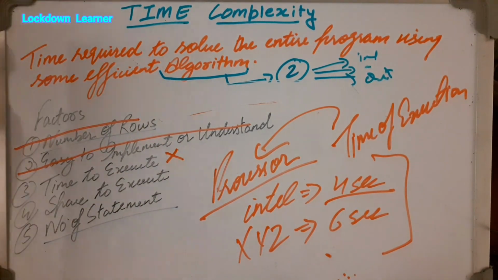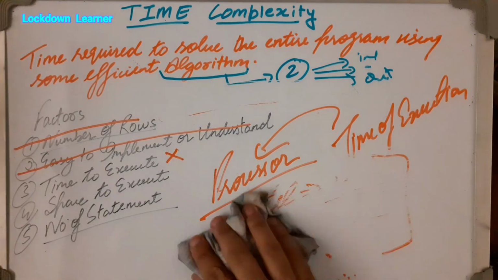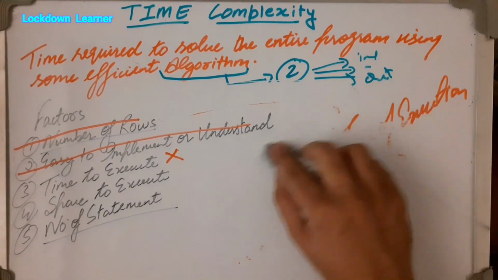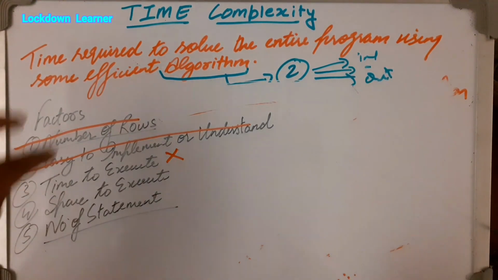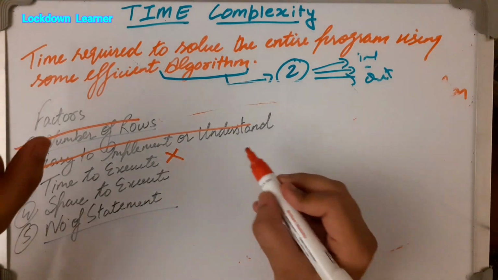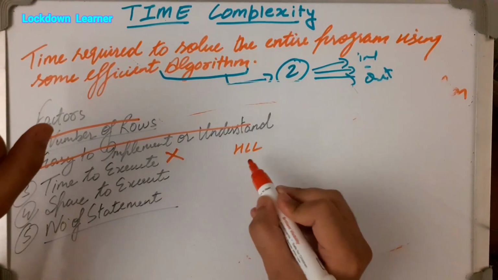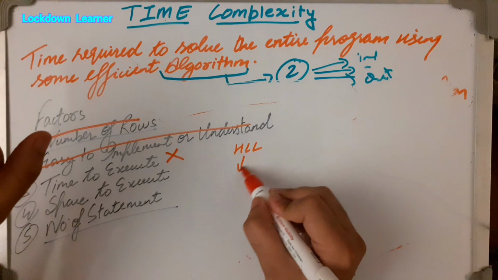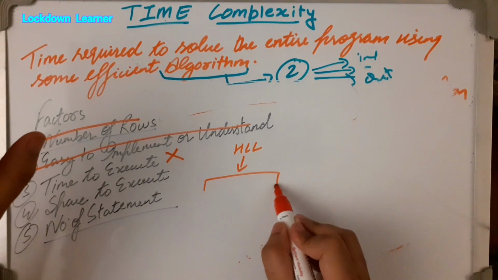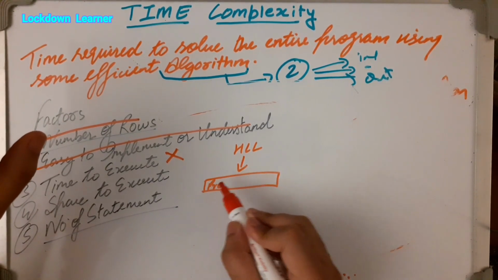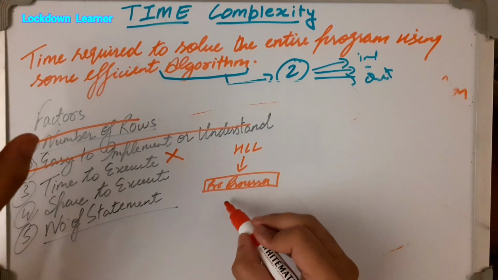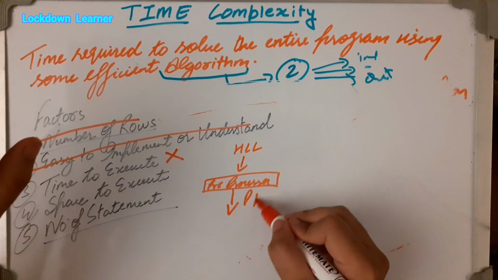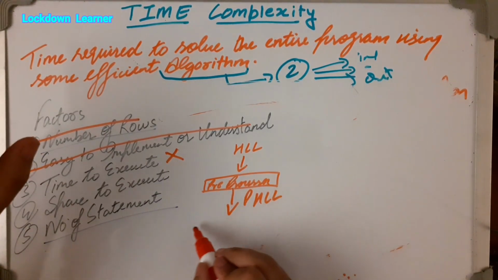Now space to execute a program is also not valid, because let me explain one thing, along with the number of rows. As you already know, when we convert high level language using the preprocessor to pure high level language, it then goes to the compiler.